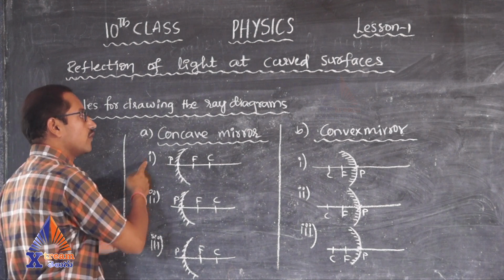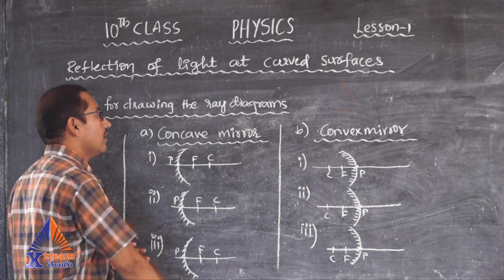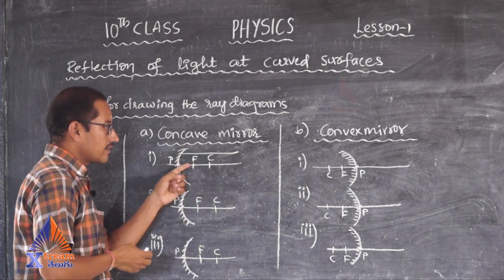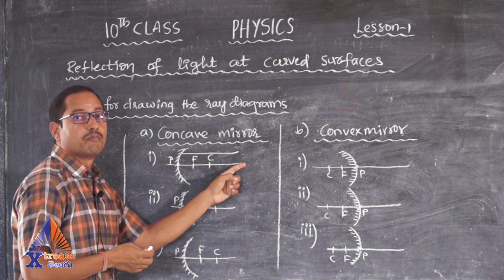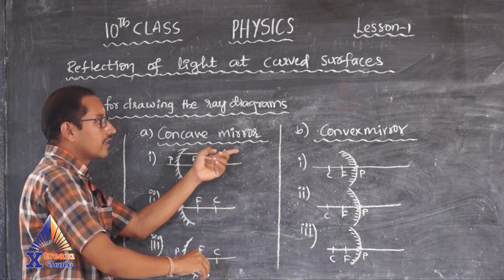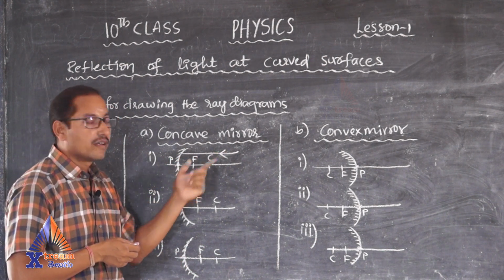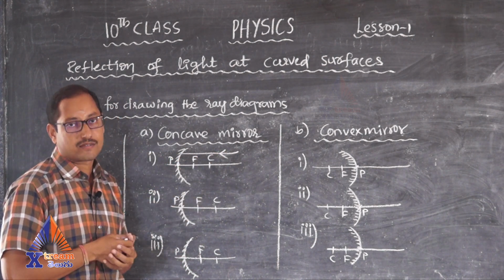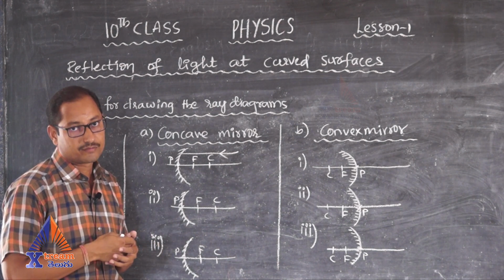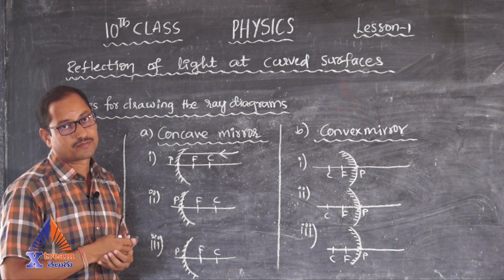First case, for concave mirrors, let us understand. First ray is a paraxial ray. This line is nothing but principal axis, and the ray which is coming towards the mirror is parallel to the principal axis, hence it is called a paraxial ray, which is nearer to the principal axis and parallel to it.